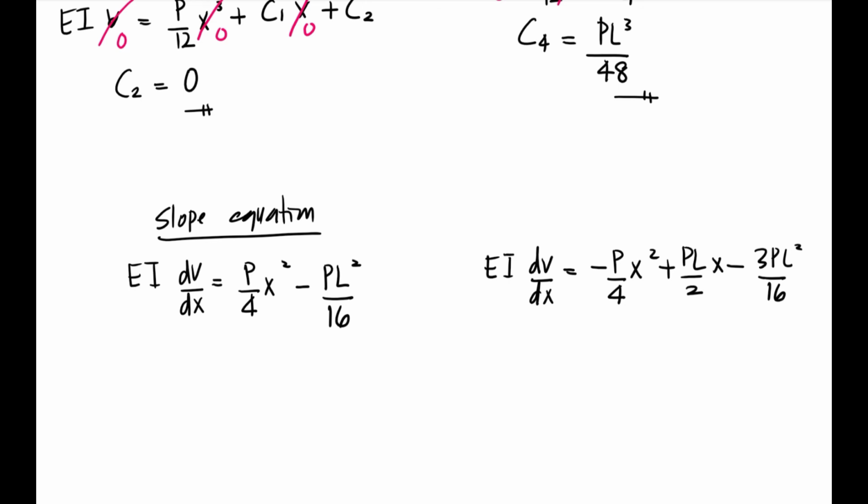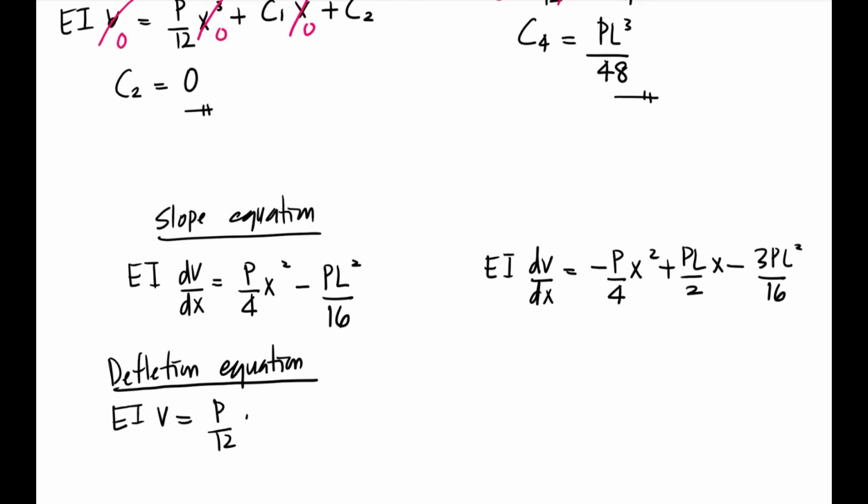Then the deflection equation: EI v equal to P over 12 x cubed minus C1, which is PL squared over 16 x. Your C2 is 0, so that is a deflection equation.